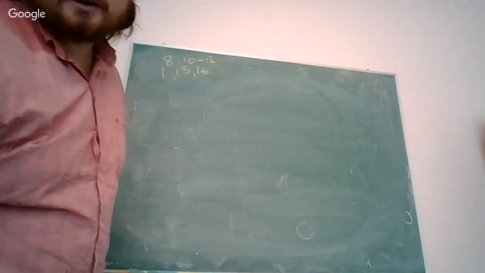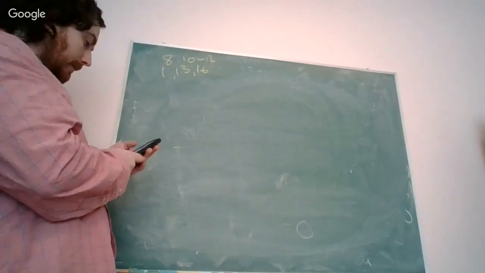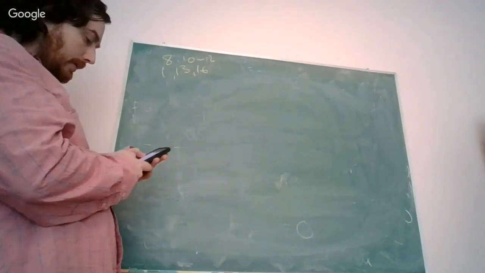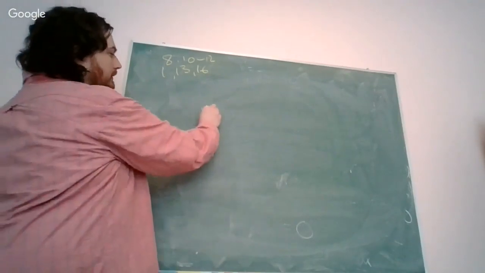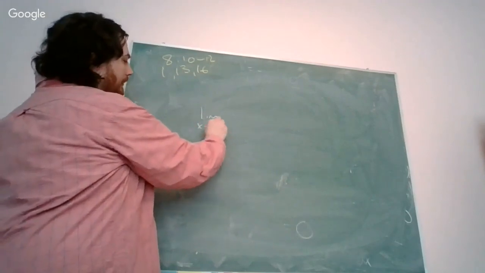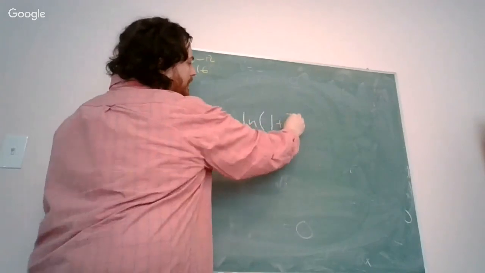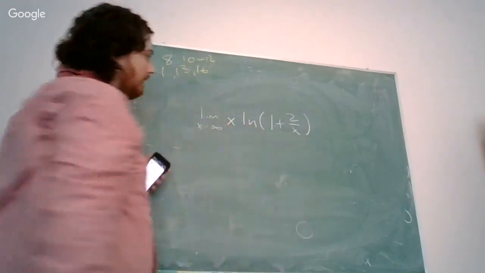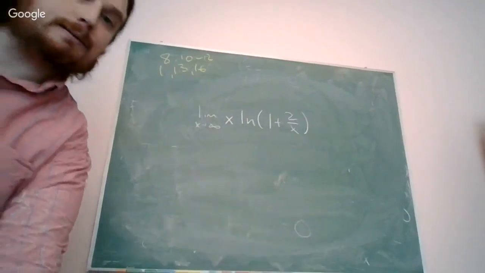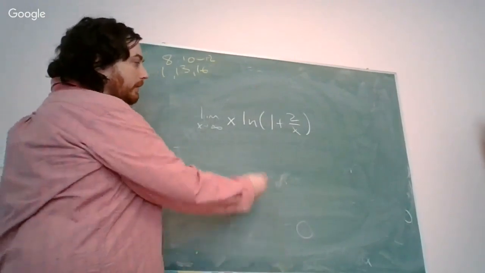Now for the next one, we're going to end up with something that looks similar, but not quite the same. So what we're going to have is the limit as x goes towards infinity of x times natural log of 1 plus 2 over x. Same way we did before, we're going to plug in.